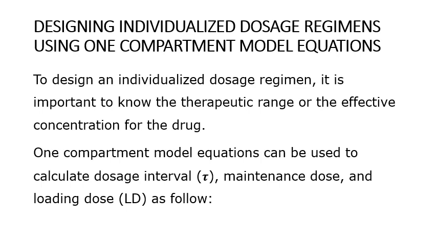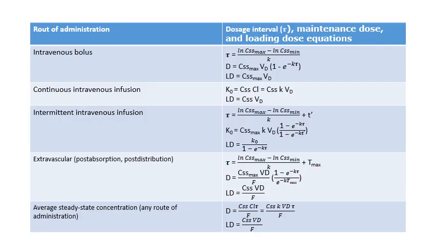One compartment model equations can be used to calculate dosage intervals, tau, and maintenance doses, and loading doses, as follows. For the calculation of tau, maintenance doses, and loading doses, it is different according to the route of administration.